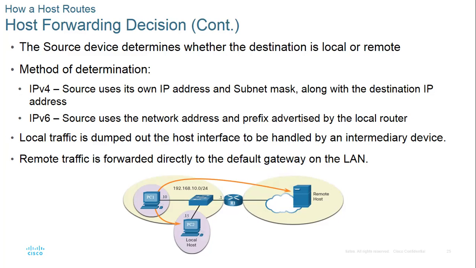For IP version 6, the source uses the network address and the prefix advertised by the local router to check if this host is a member of its LAN or not.